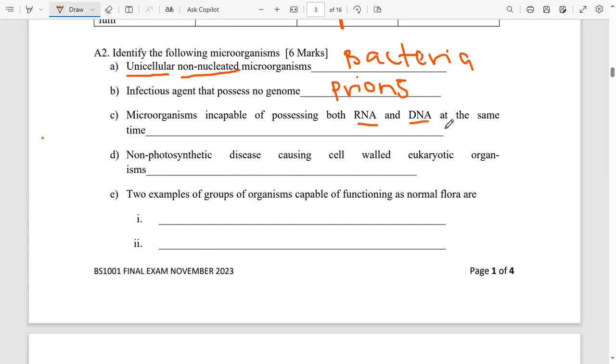And then C, they're saying microorganisms incapable of possessing both RNA and DNA at the same time are called what? Do you have any idea what these microorganisms are called? It's very common. The disease that is very common in Zambia is what?